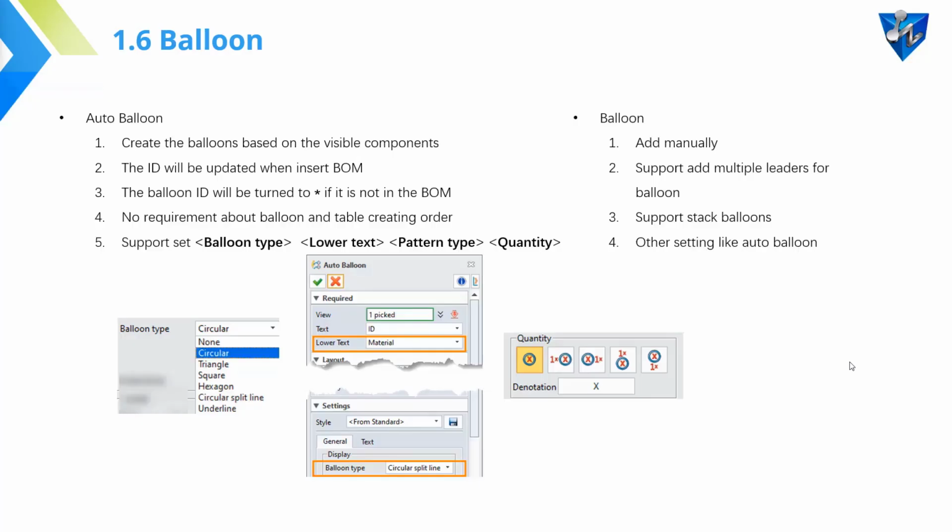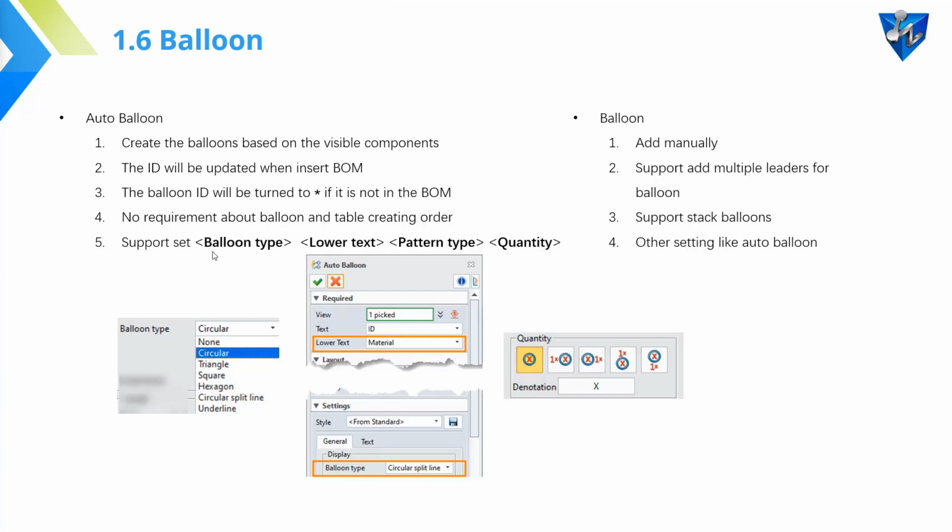Okay, I just showed you the BOM table and also the balloons in the sample. Here you can find that we support both the auto balloon and the manual balloon. For the auto balloon, there is some detailed information you can check from this slide.